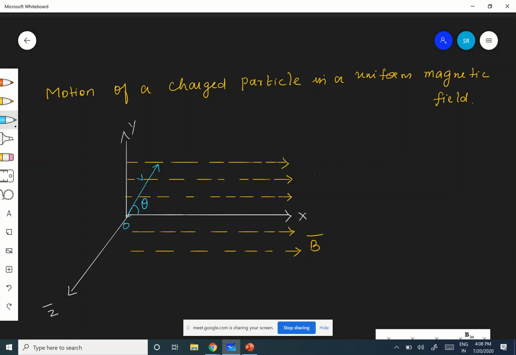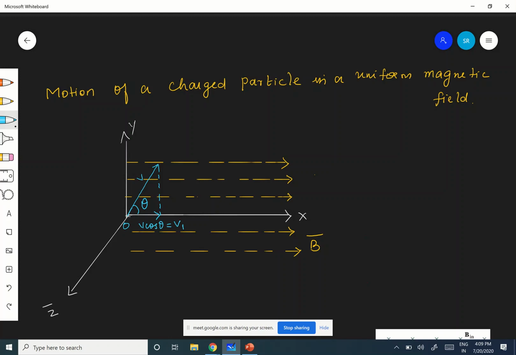Therefore I need to resolve V into two components, because it has motion in both x as well as y direction. I can resolve the velocity into horizontal as well as vertical components. If I resolve like this, the horizontal component will be V cos theta, let me take this one as V1.